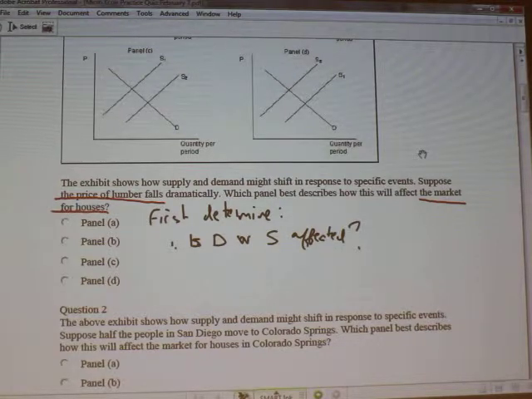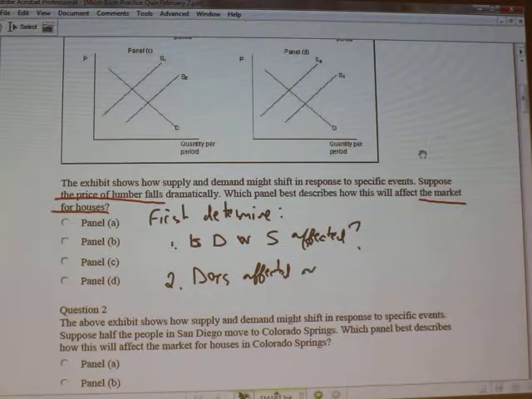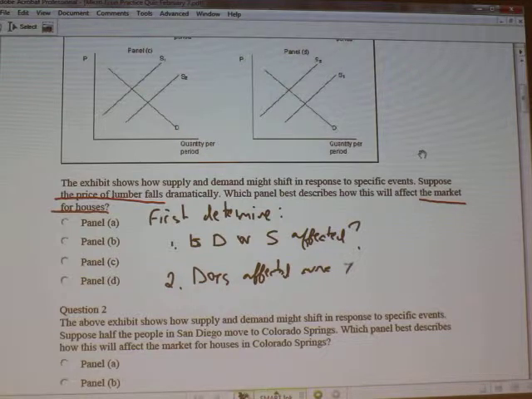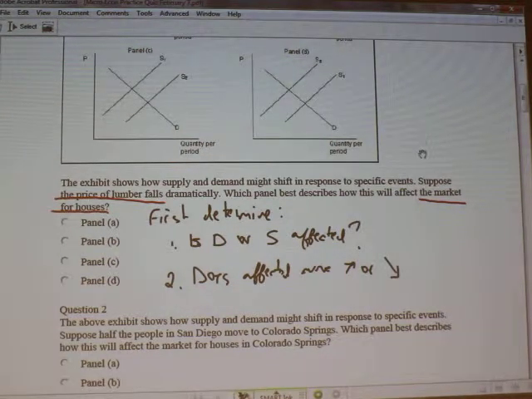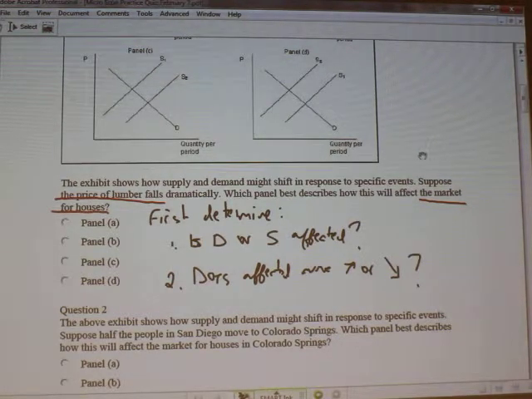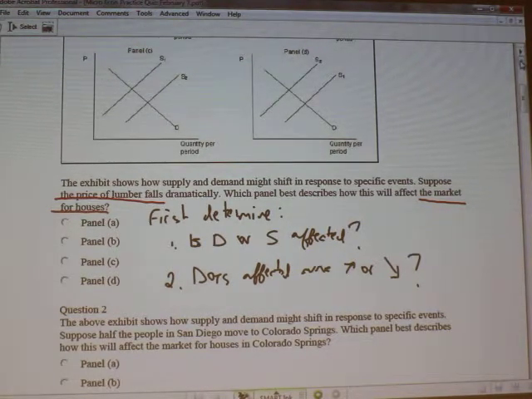And then second, does the affected curve increase or decrease? So if you can focus on these two questions, you'll be able to answer this one.